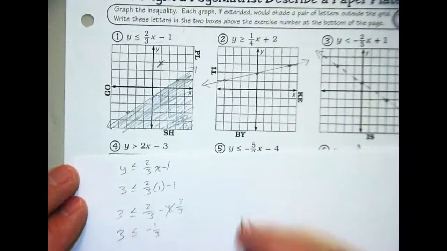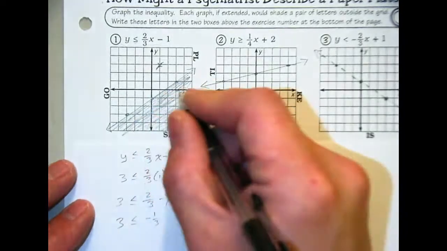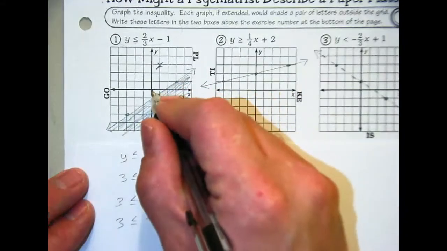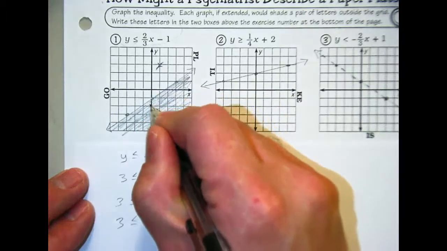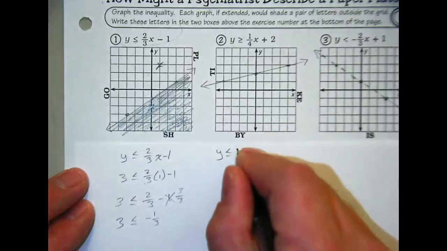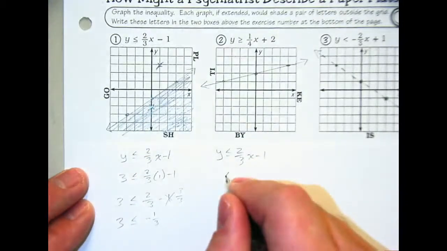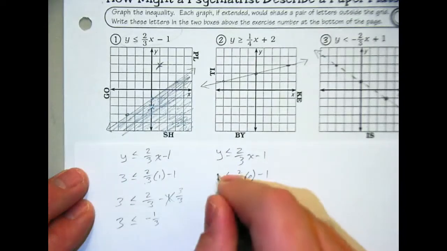Okay, so if I were to test another point, like one on this side, I'm going to pick an easier point. I'm going to use one with a 0 in it. So maybe 0 for x and 2 for y. So this point right here. If I said y is less than or equal to 2/3 x minus 1, and I put 0 for x, look how nice that is when I multiply that by 0.